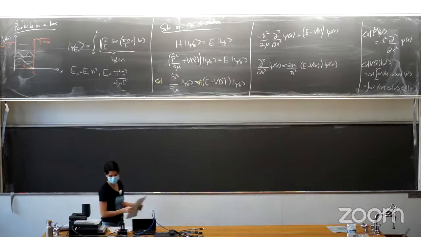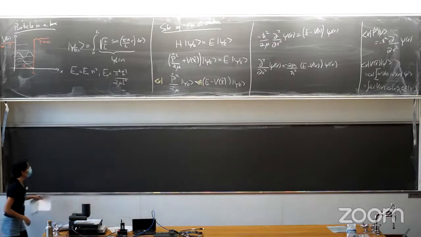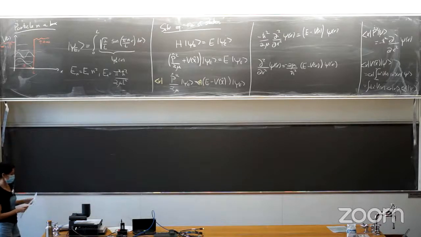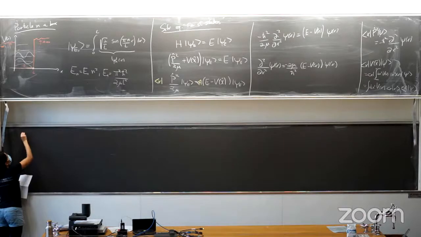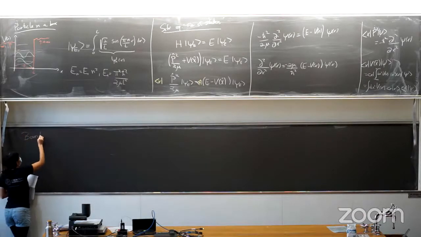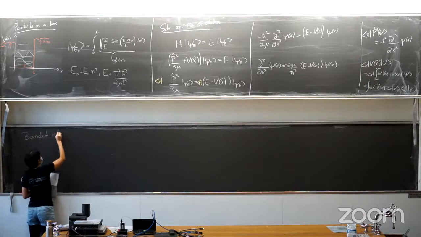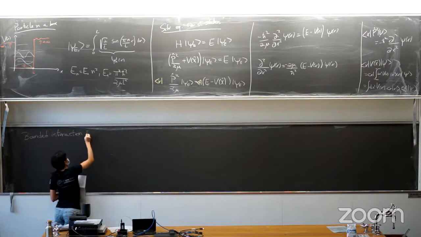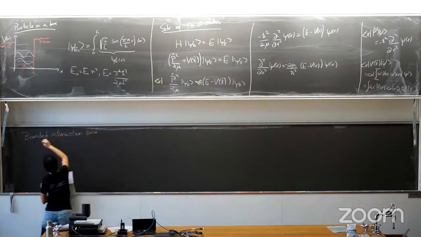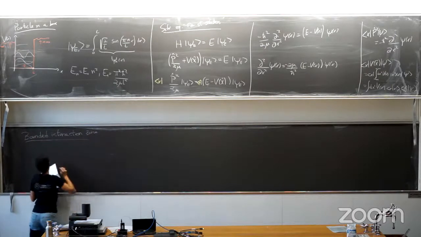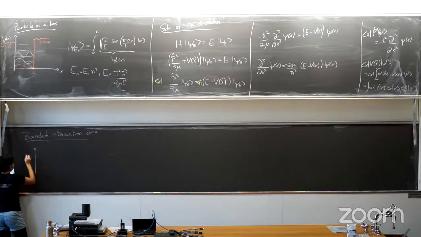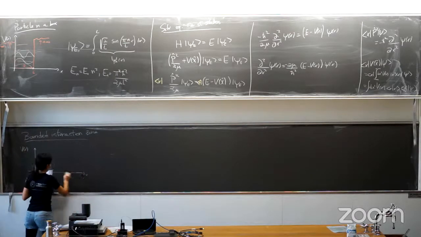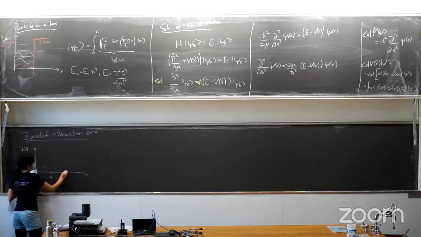So we're going to look at settings where there's so-called bounded interaction zone. Meaning what? We're going to have some x left, some x right.